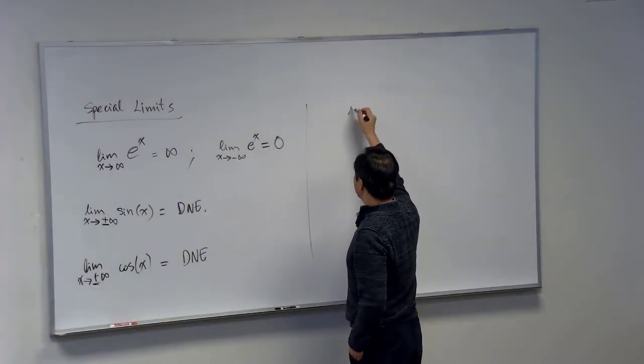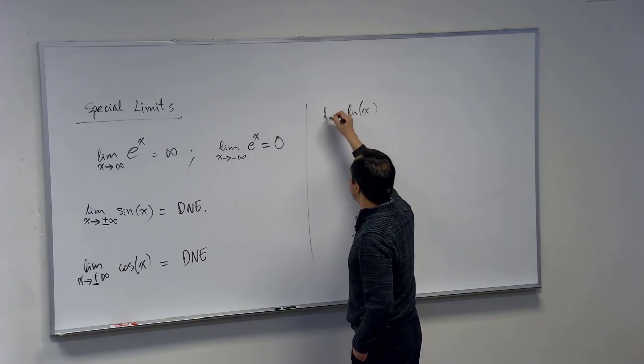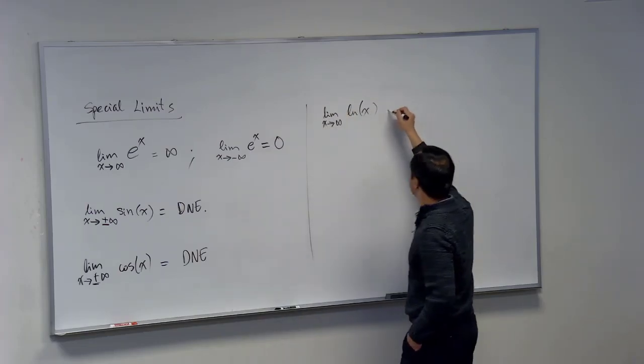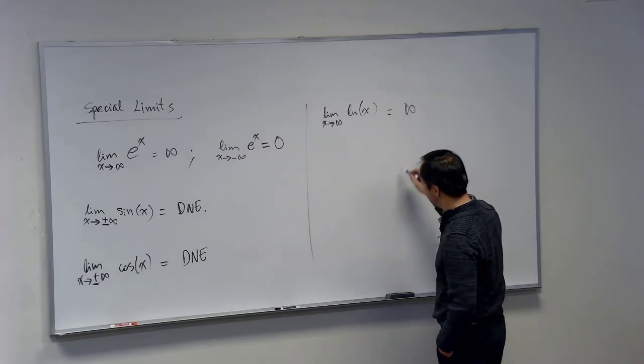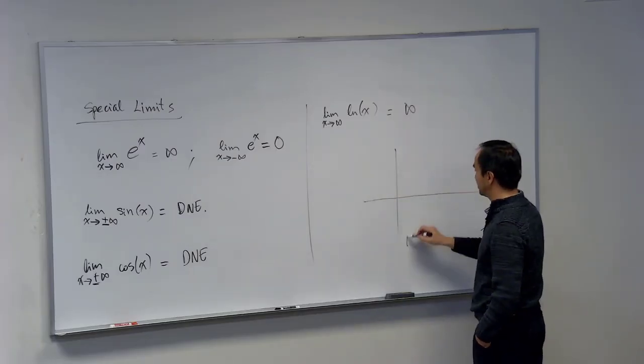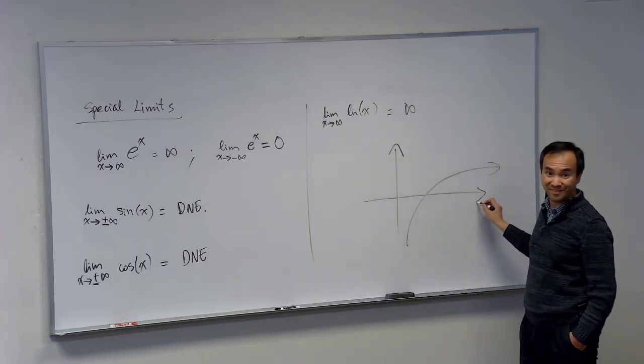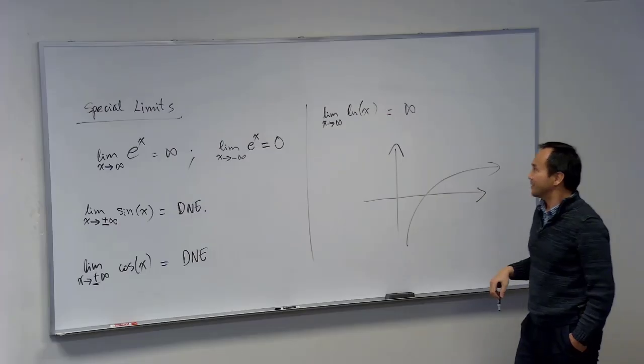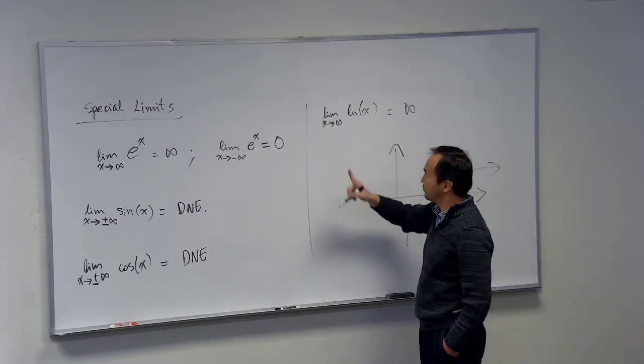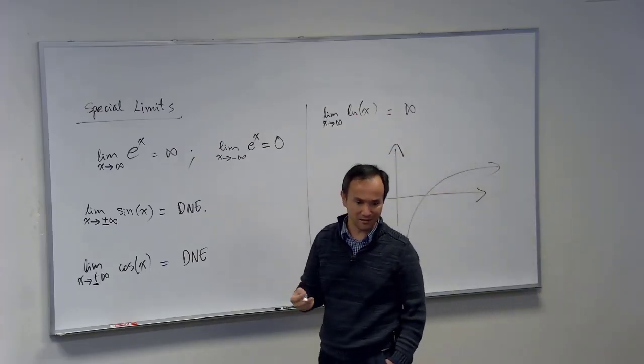The logarithm, when you're looking at limits to positive infinity, goes to positive infinity as well, because the graph goes like this. See that? Okay. But for this logarithm, we don't even learn about the left-hand behavior.